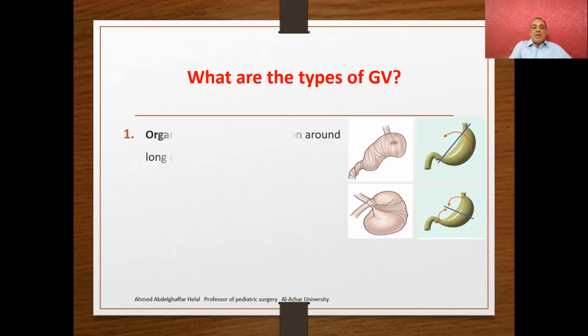The first type is known as organoaxial. From the name, it is rotation around the long axis of the stomach. Organo, related to the organ, so axial is the rotation. So rotation around the long axis, which starts from the esophagogastric junction to the pylorus. This is represented by this blue line.